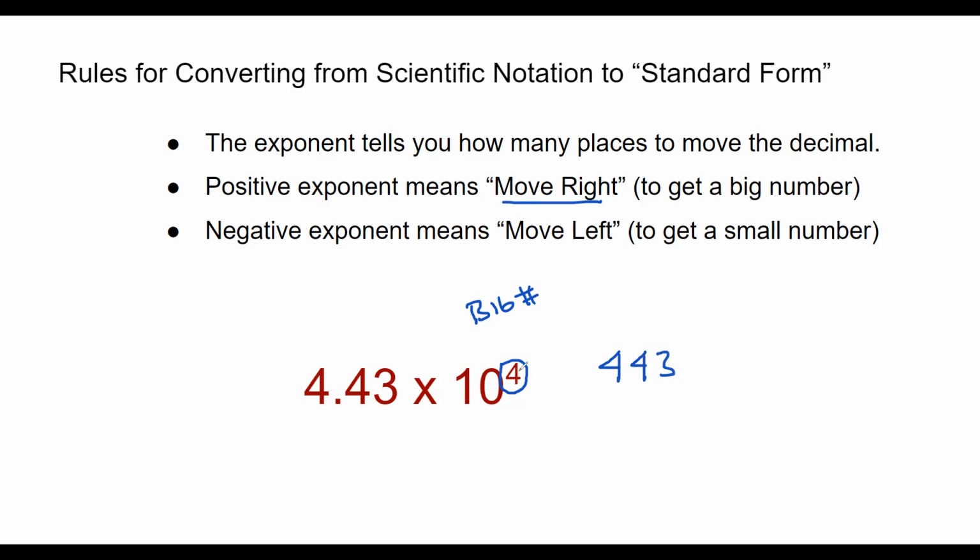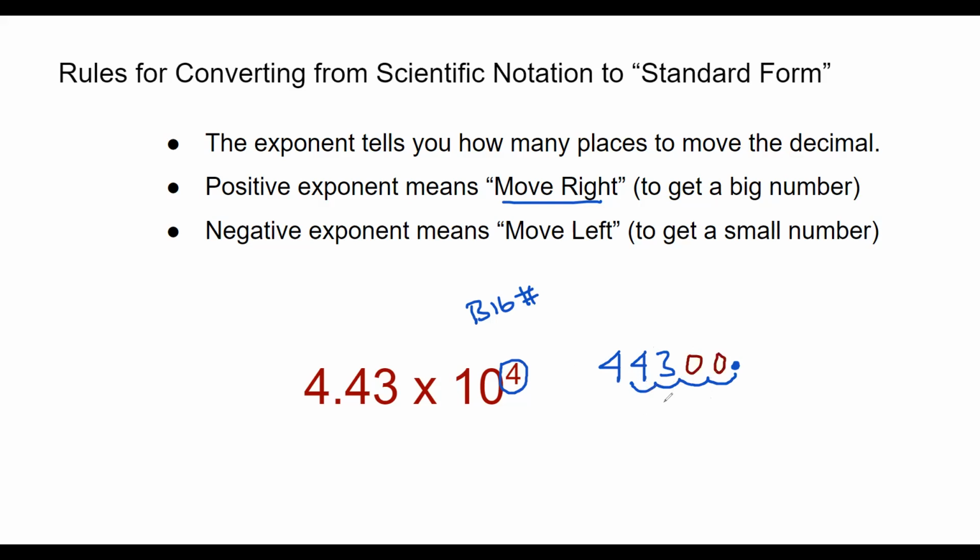And we're going to move to the right 4 places. We're going to start here. We're going to go 1, 2, 3, 4. Now notice we moved way out here and we've kind of jumped over numbers that don't exist. What we should do is put zeros in those places. So that's the number that we're talking about.